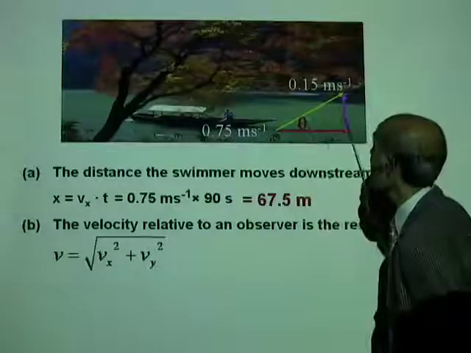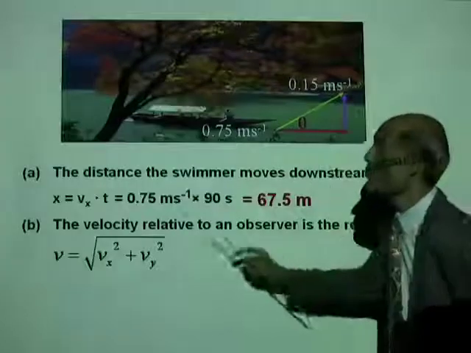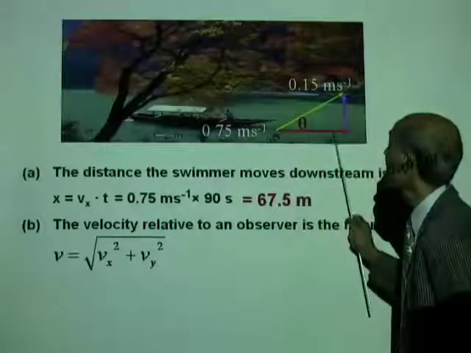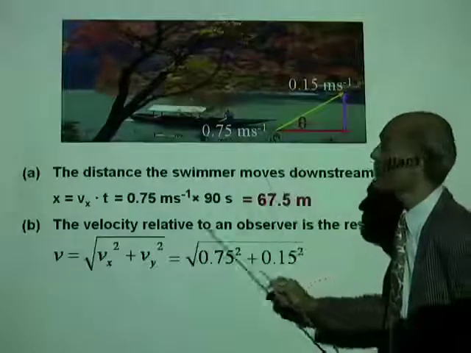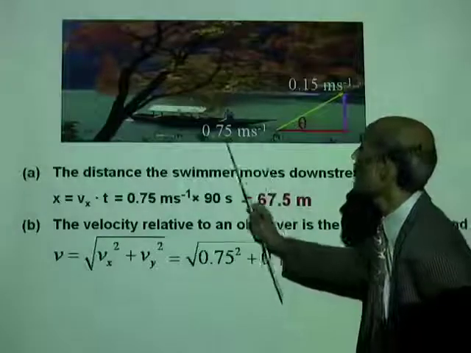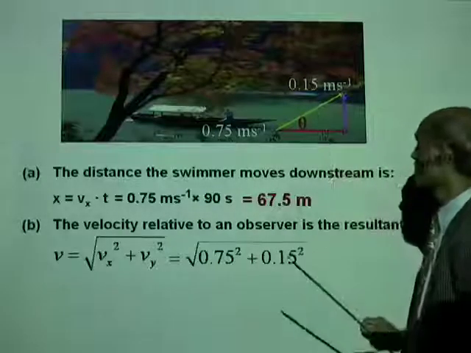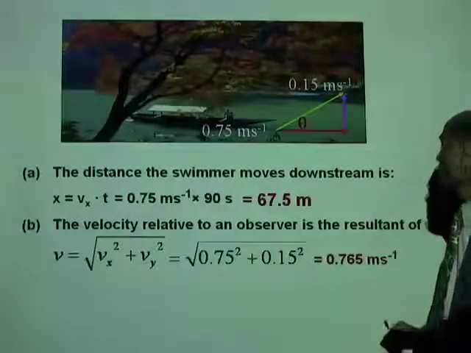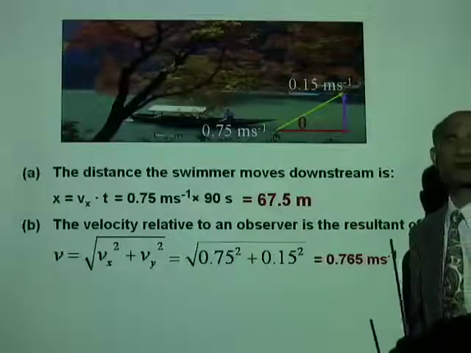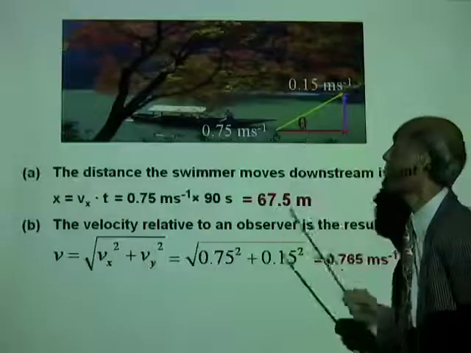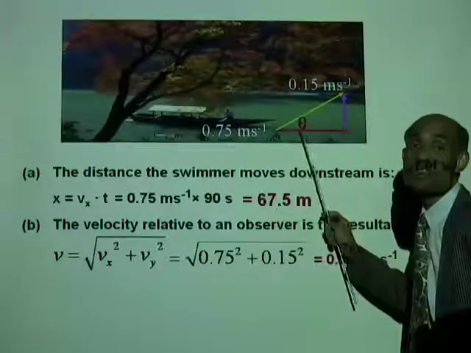What is the length of the resultant vector? Square root of Vx squared plus Vy squared. And that will be square root of 0.75 squared plus 0.15 squared. That is 0.765 meter per second. And what is the angle of that velocity? We have been doing these so many times.